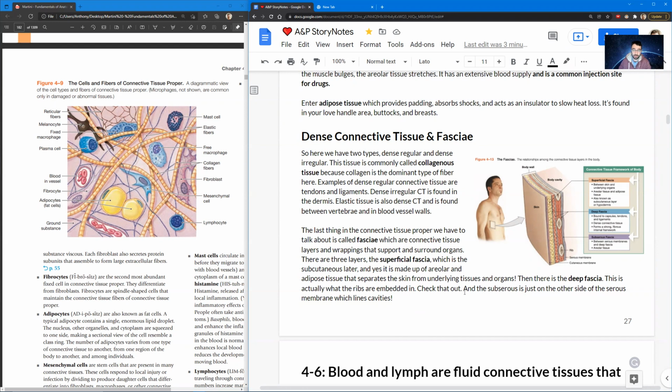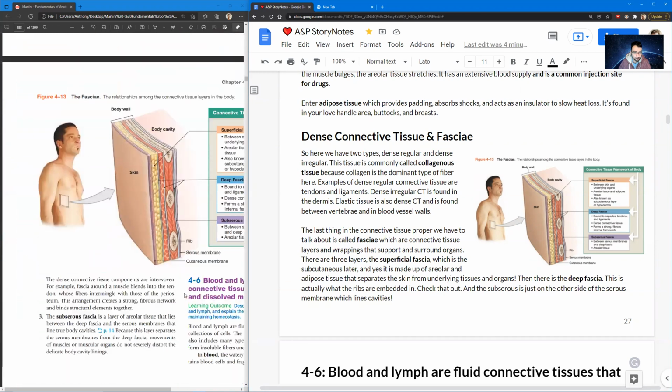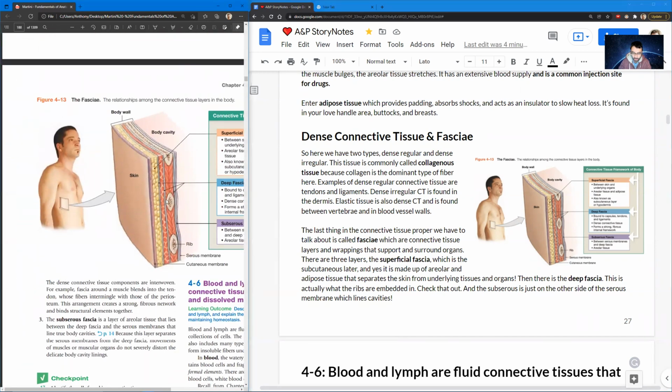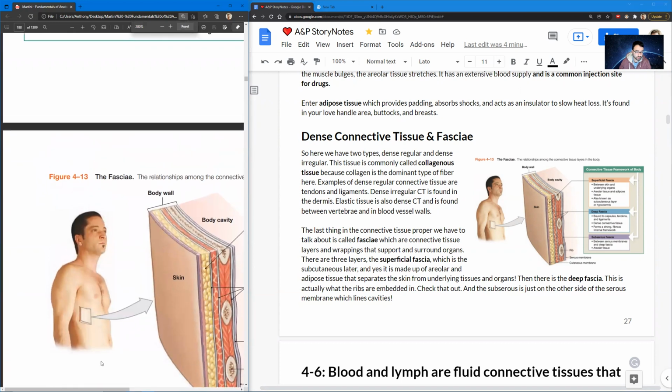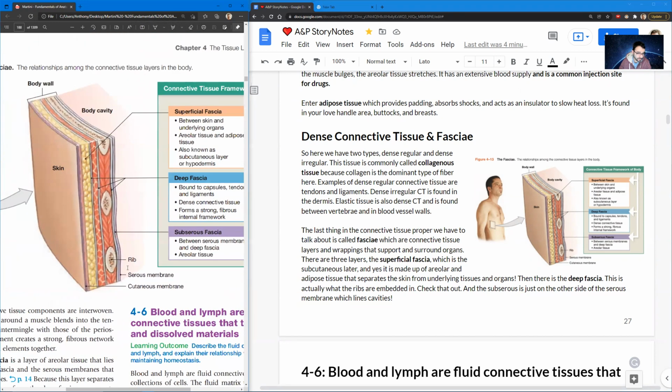Then there's the deep fascia, and this is actually what the ribs are embedded in. Pretty cool. You can actually see that on the right here. These are ribs that are embedded in this deep fascia. You have the superficial fascia. So that's pretty cool.